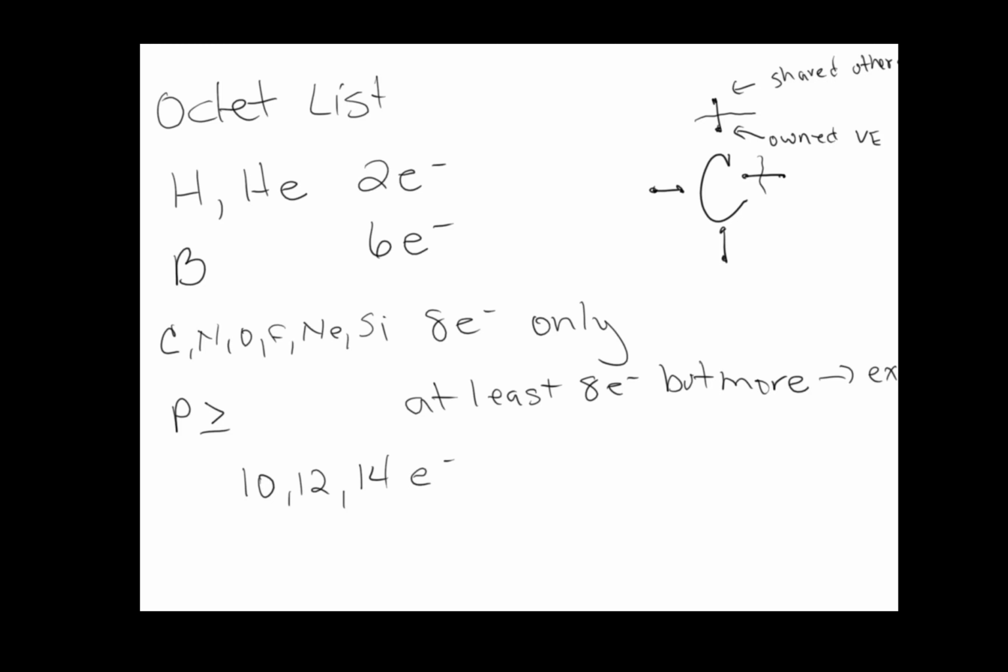And so each of these bonds is going to be the same thing. So there are 4 electrons that were owned, and there are 4 electrons that are shared. And if you add them up, that's a total of 8 electrons, and that is called the octet.